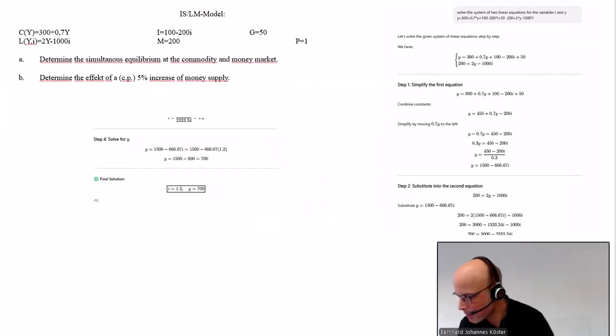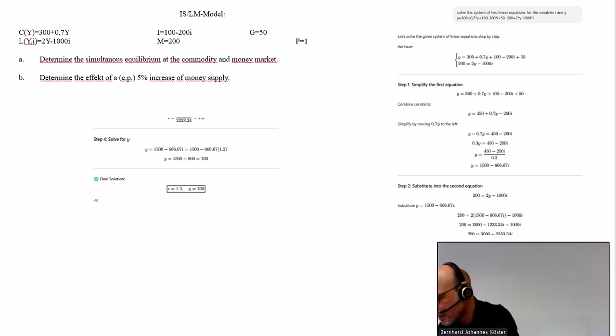1 minute. Let's just go through the calculation which ChatGPT has provided. Okay. Simplify this. Combine everything, adding up: 100 plus 300 plus 50 is 450.